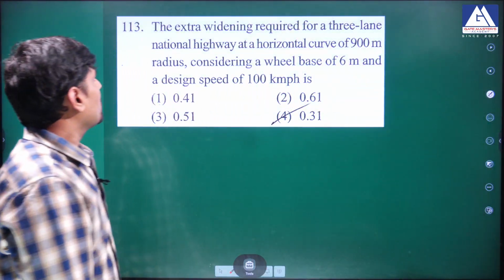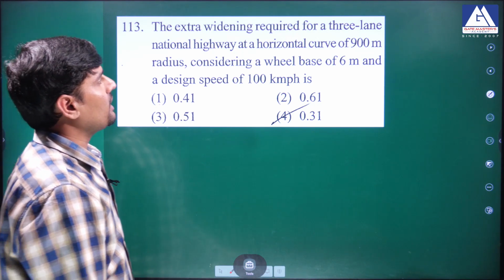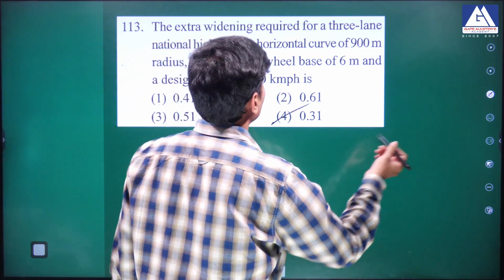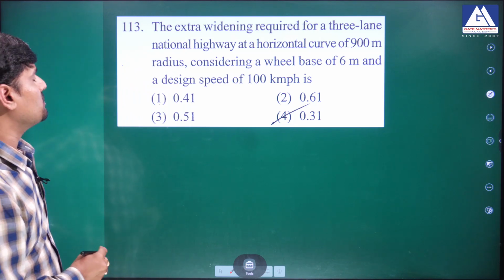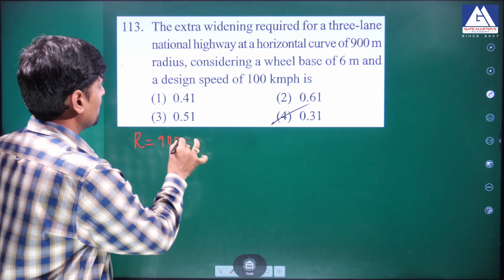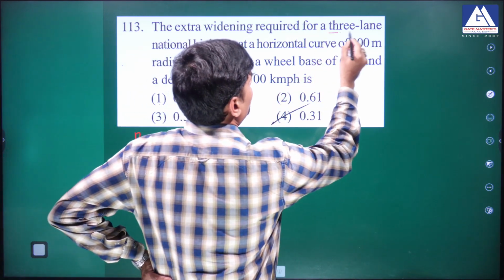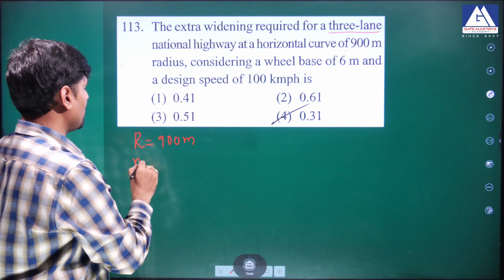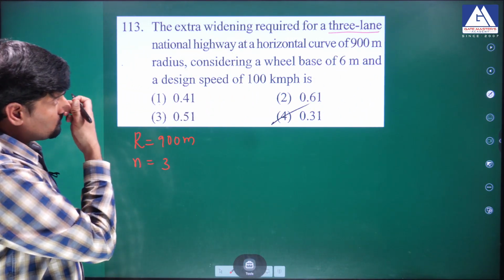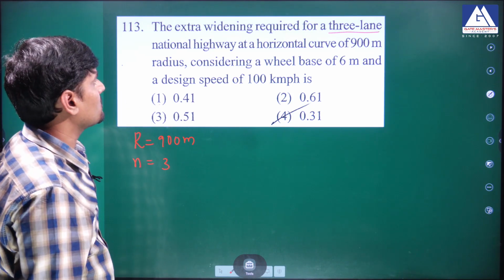Moving on, the extra widening required for a 3-lane national highway at a horizontal curve of 900 meters radius. R is given as 900 meters. The moment you see the question, it is a multi-lane highway, that means the number of lanes is 3, and the horizontal curve radius is 900 meters.